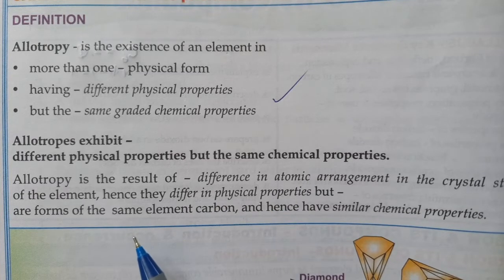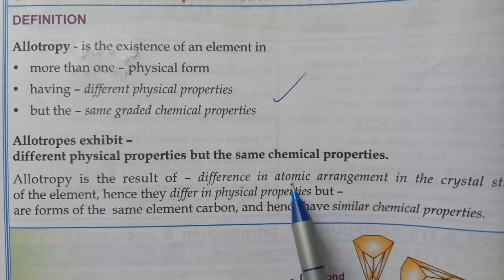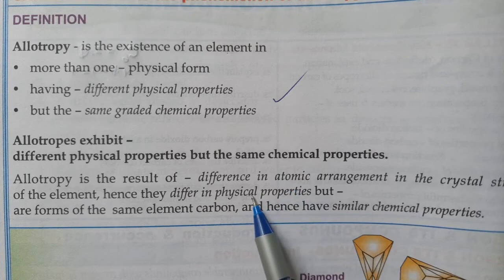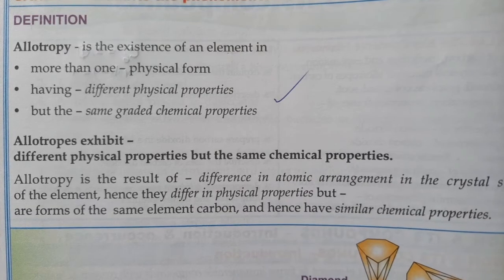But within that, carbon is present, so the chemical property will be the same. Though the arrangement of atoms is different in allotropes, therefore they have different physical properties, but inside, all contain carbon, so the chemical property will be the same.